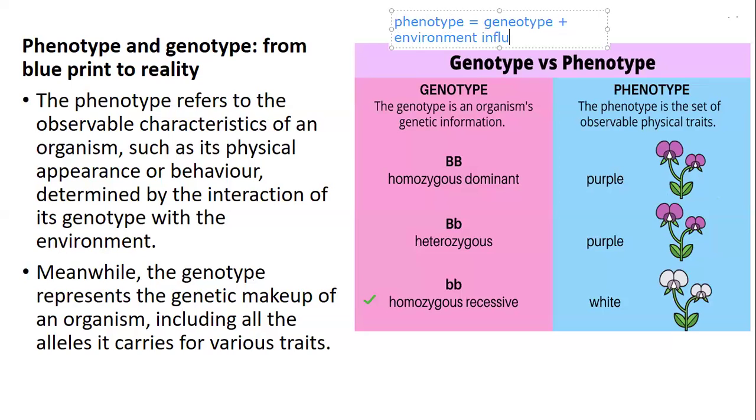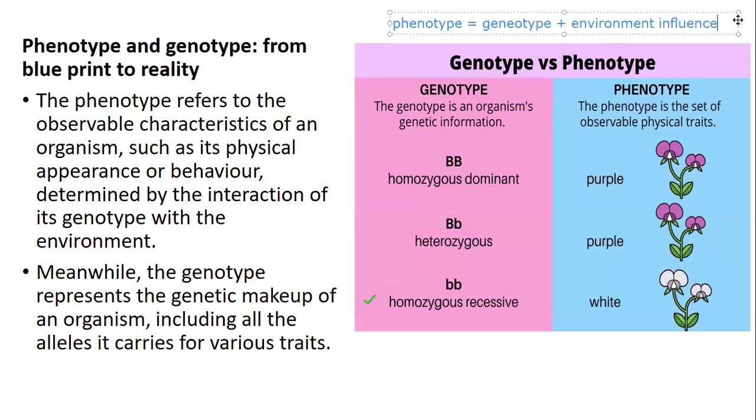For instance, if you were supposed to be a tall person because your parents gave you those genes for height, and then you are malnourished in infancy, God forbid, okay? It means you may never reach your full potential because the environment has influenced your outcome, the phenotype.